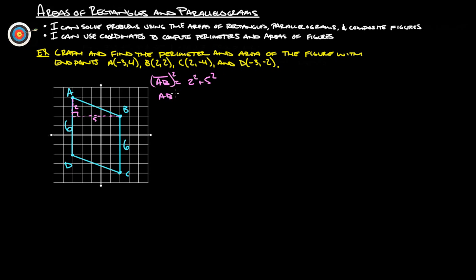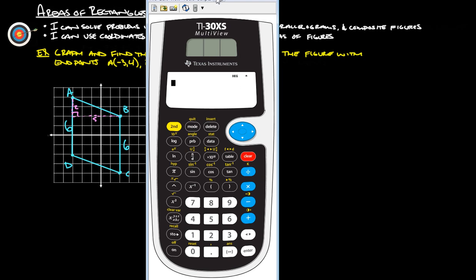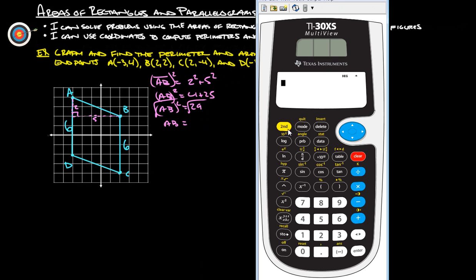So AB squared is going to be 4 plus 25. AB squared is 29. So we square root both of those to get that AB is the square root of 29. Not helpful, but the decimal is 5.385. So let's call it 5.4.